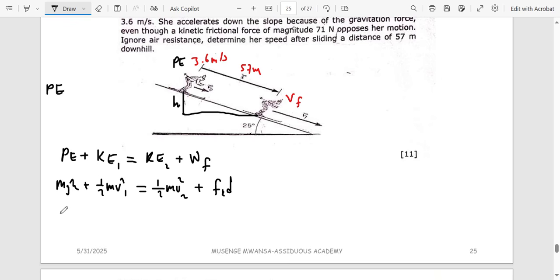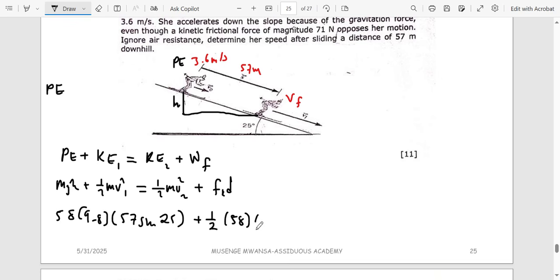So the mass, we know this is 58. g is 9.8. The height, remember we said that how you find height is d sin theta. The distance we are covering is 57. Sin, the angle is 25. And then plus half. The mass again is 58.